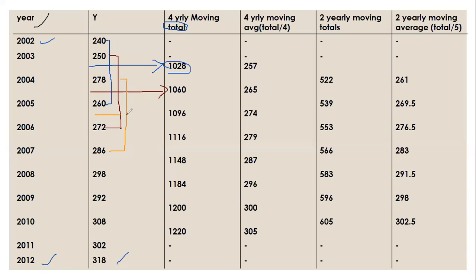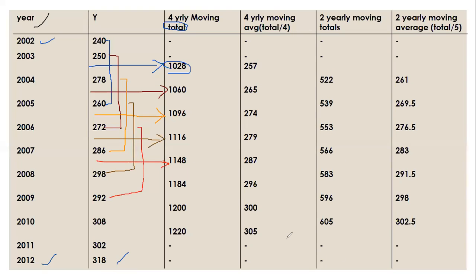And I write the total in the central value, that is between 260 and 272. And so on. I just go on and calculate all the required numbers like this. Next, from 260 to 298, and I write the central value here. After that I take from 272 to 292 and I write the central value here.